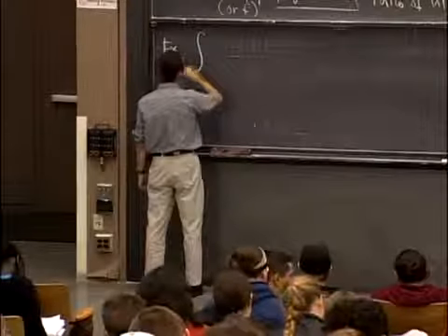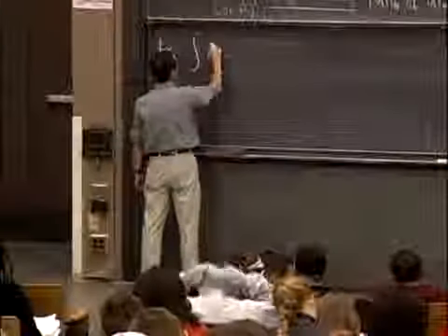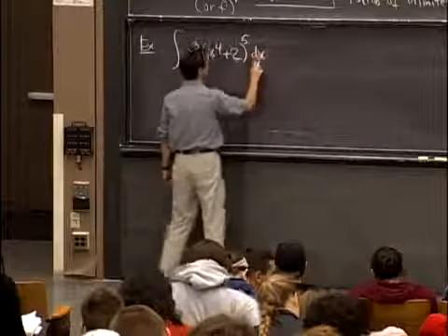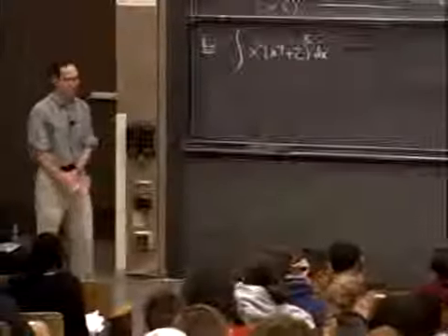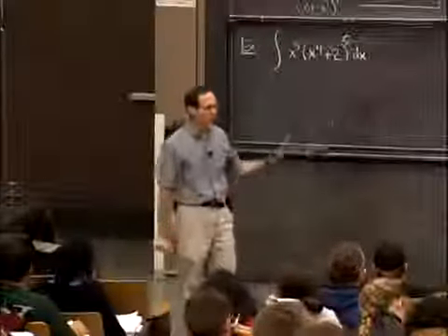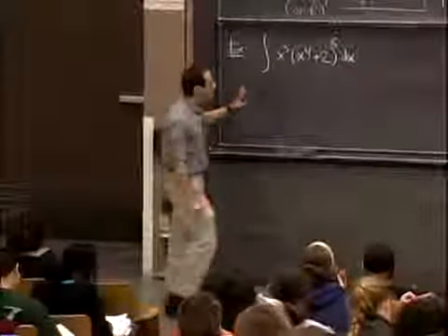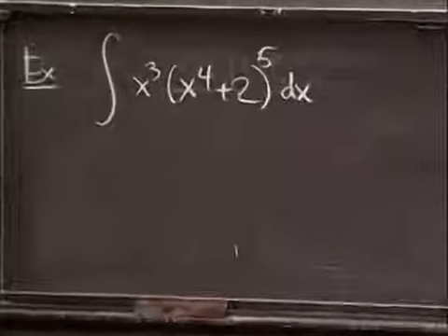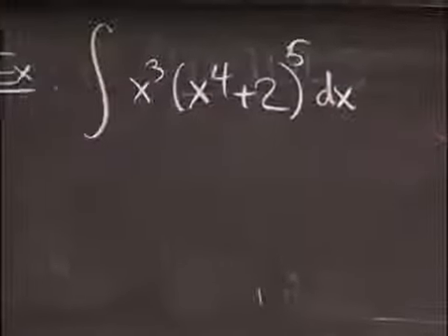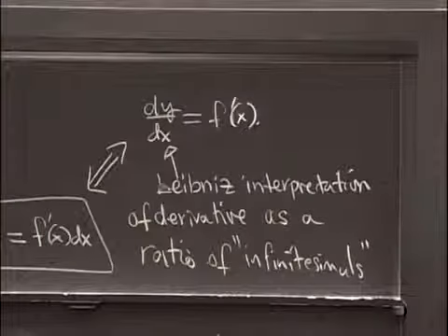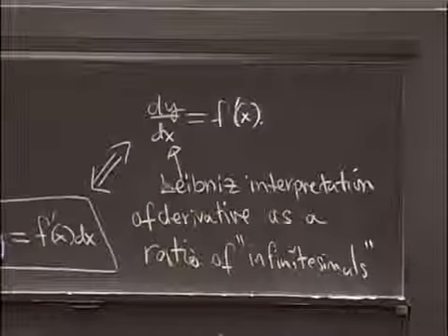The integral of, say, x cubed times x to the fourth plus 2 to the fifth power dx. This is a function which you actually do know how to integrate because we already have a formula for all powers. Namely, the integral of x to the a is equal to this, and even if it were a negative power, we could do it. So it's OK. On the other hand, to expand the fifth power here is quite a mess, and this is just a very, very bad idea.